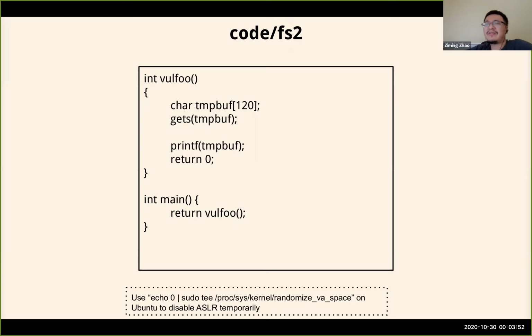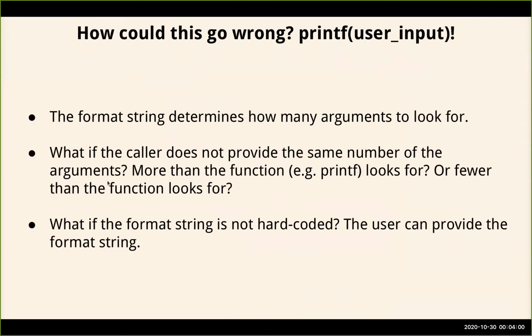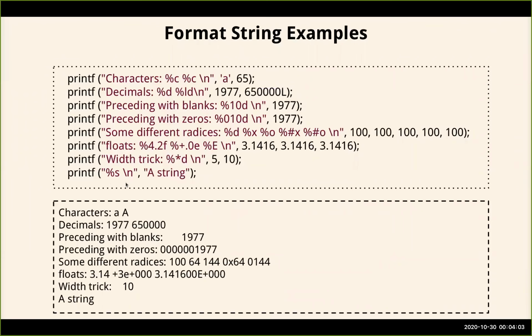Which specifier do you use to read from anywhere? P. Which one? P. B? No, P as in pointer address. The specifier %p doesn't really read from there. %p will print out that address. Oh, okay. Yes. What else? %s. Yes, exactly. The only drawback of %s is it will not print out your hex.